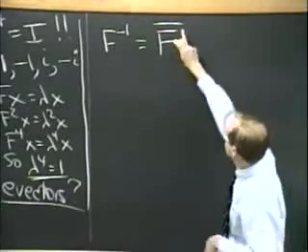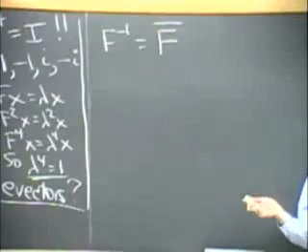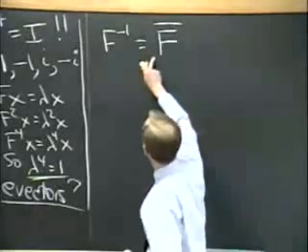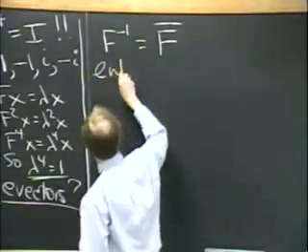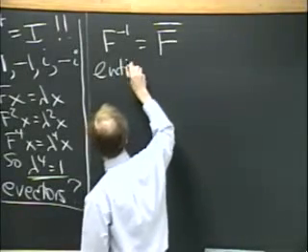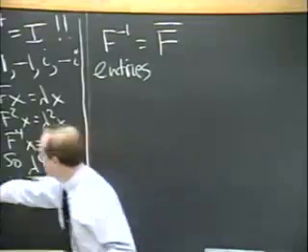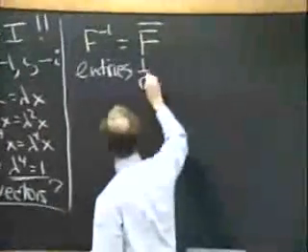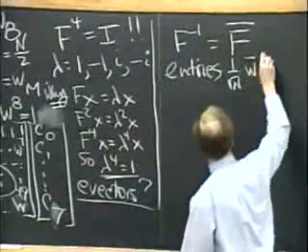By that symbol I mean replace i by minus i every time you see it. So its entries, and I'm putting in the square root of n now, are the complex conjugate of those, which is w bar to the jk.